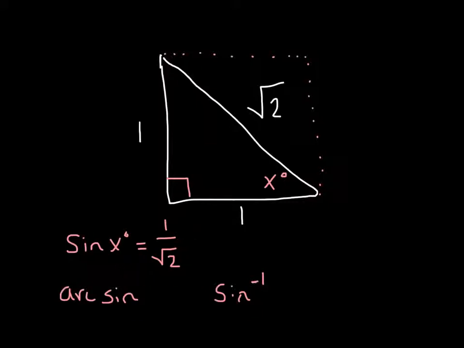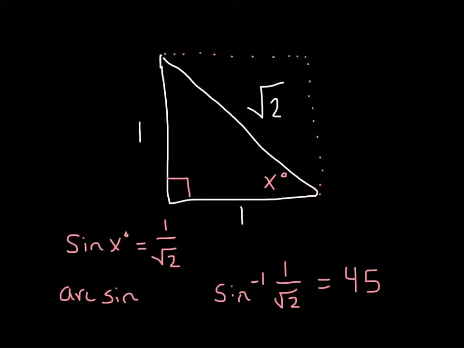So if I was to take the inverse sine of 1 over the square root of 2, it's going to say 45. So like if I go to my calculator, for example, and all of the calculators we're going to be using in class have these inverse sine functions, and you can Google a calculator and find one online that has this, or even your phone, I think, has these.